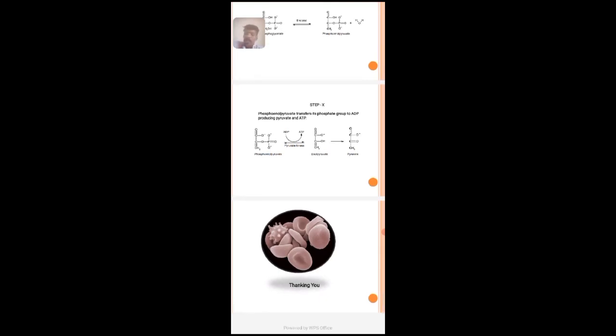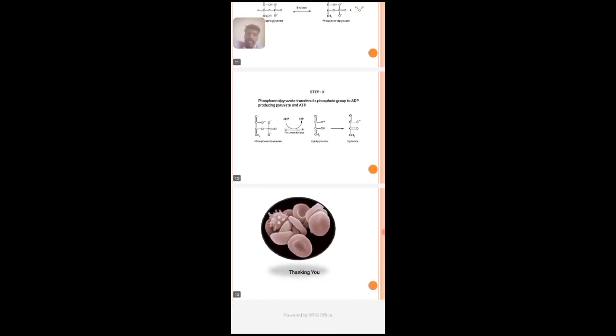Phosphoenolpyruvic acid to pyruvic acid, a gain of 2 ATP molecules. The reoxidation of NADH plus H catalyzed by glyceraldehyde 3-phosphate dehydrogenase in respiration gives 4 ATP molecules. Our total is a net gain of 8 ATP molecules.